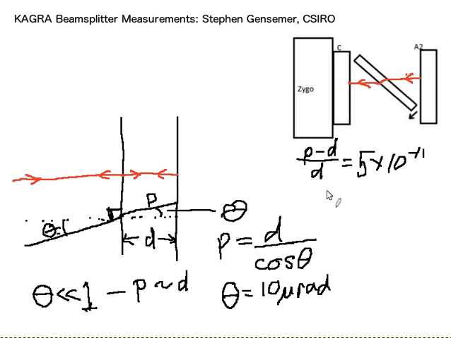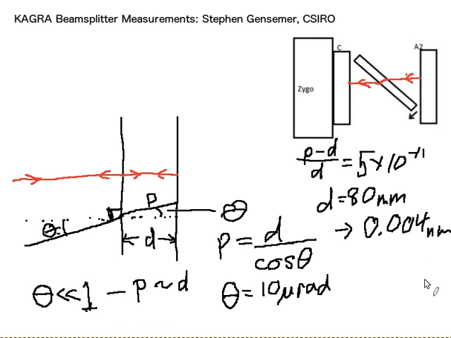It's extremely small, and for an optic 80 millimeters thick, such as the KAGRA beam splitter, that would be 0.004 nanometers.